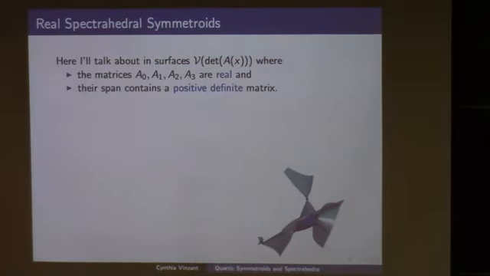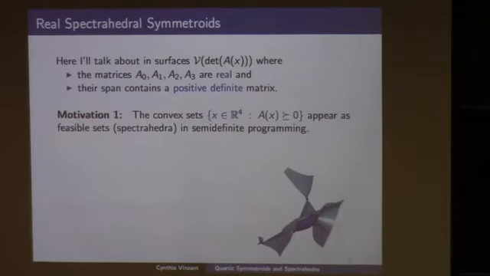I have a couple of reasons for doing this. One reason is that this intersection, the cone of positive definite matrices with the linear space, is a very nice convex set. It's a convex set that appears in problems of convex optimization, in particular as the feasible set of a semidefinite program.